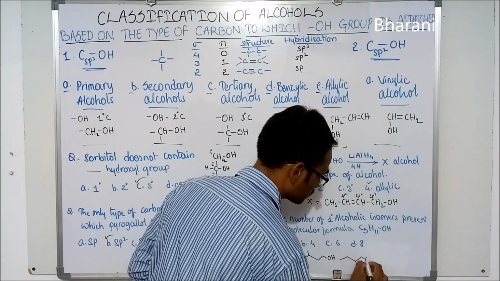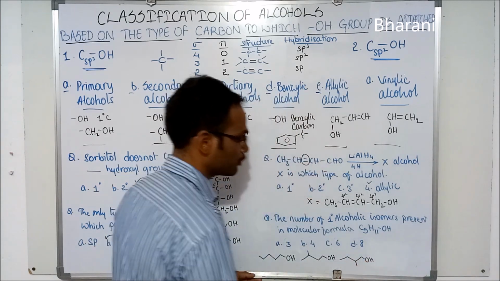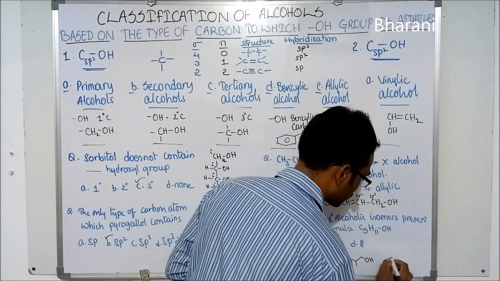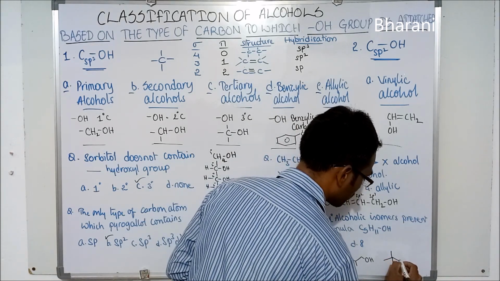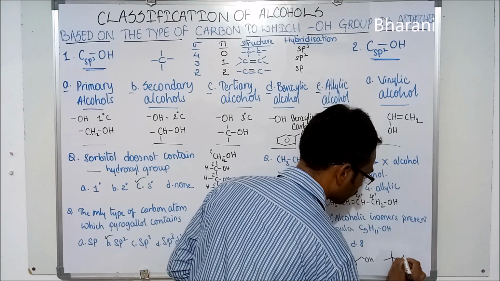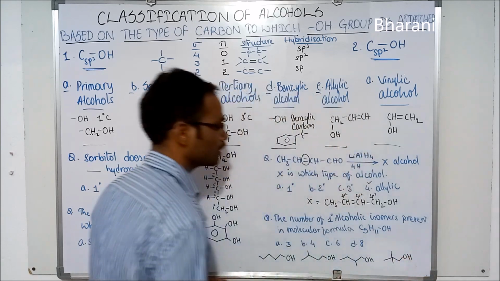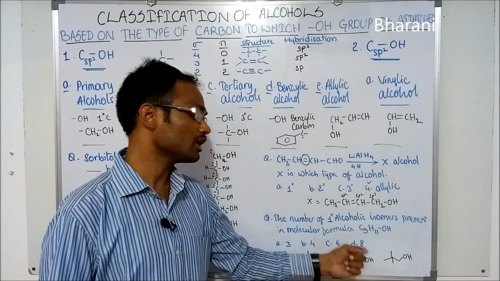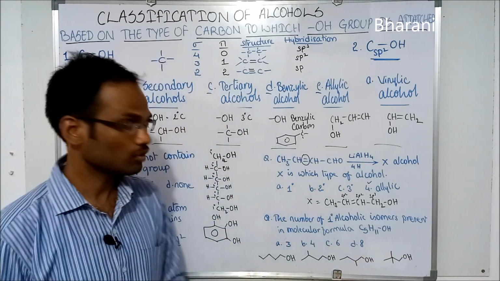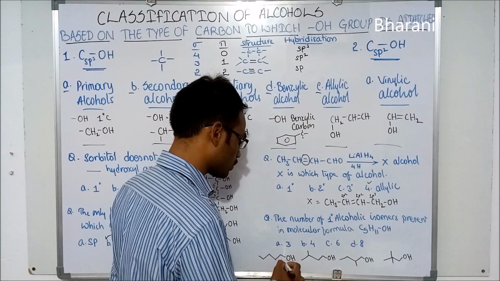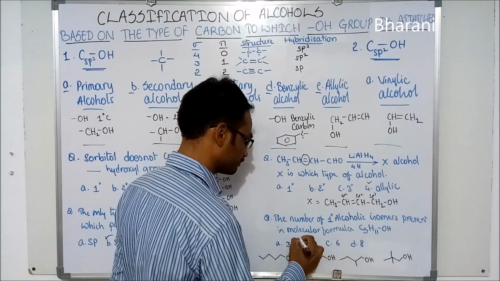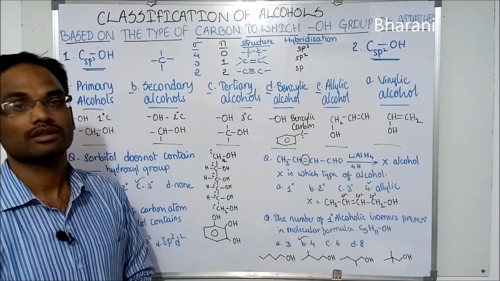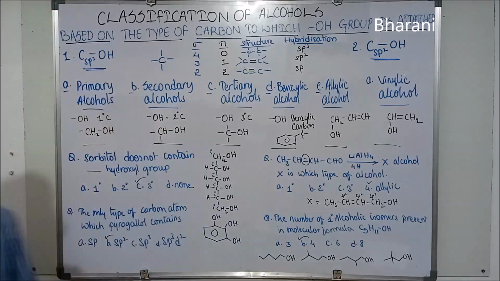Another one, 2-methyl butanol. Another one, 2,2-dimethyl propanol. Other than this we can't draw any more primary alcoholic isomers. So the answer is how many isomers? 1 2 3 4. That's it. Thank you.